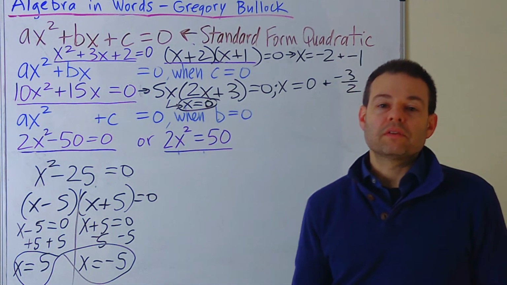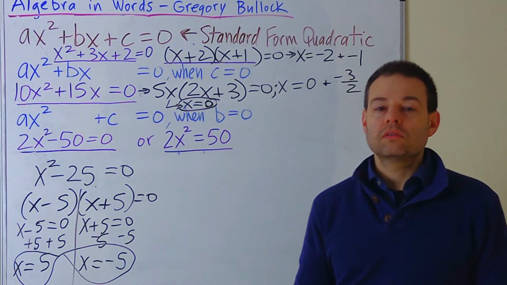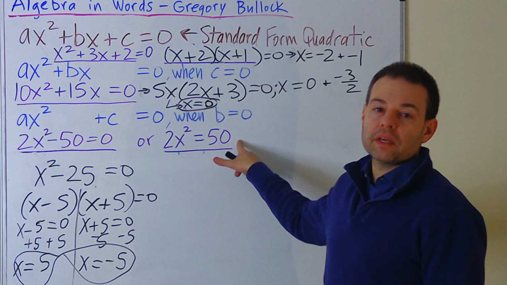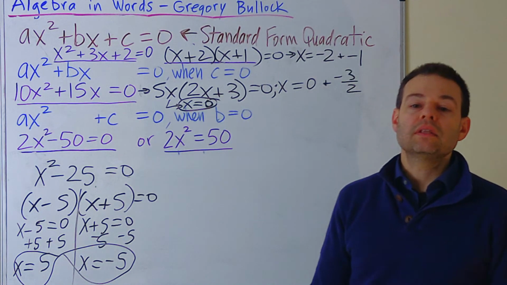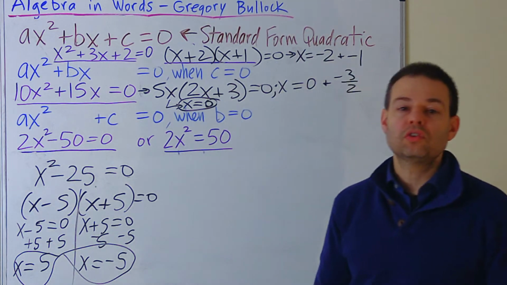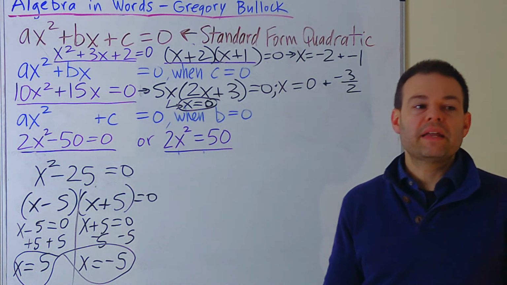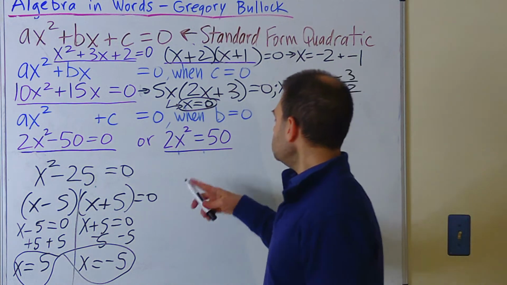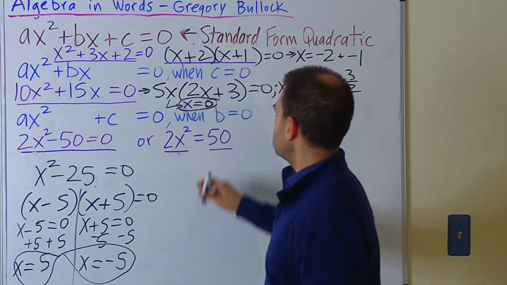But I told you that there's two ways that you could solve this, so let's look at the other way. Let's suppose that the problem were given like this. Again, let's try to reduce as much as possible by dividing both sides by coefficient 2. And in this case, you could look at it as you're trying to isolate the x squared. So I'll just erase this to make division signs.